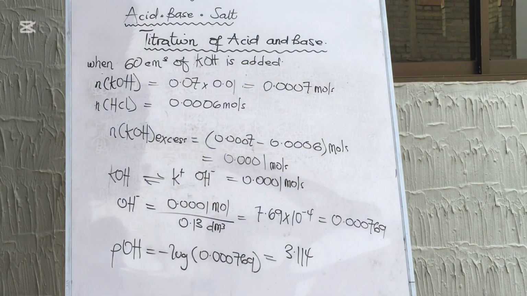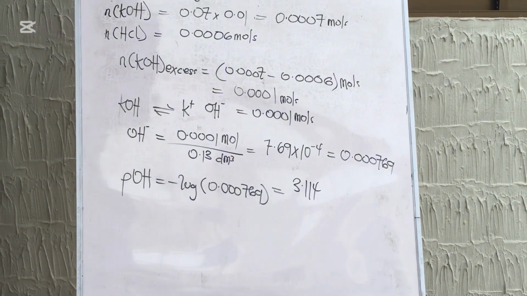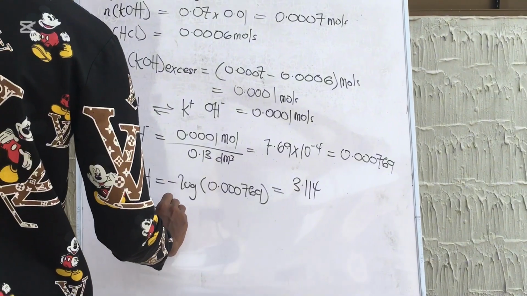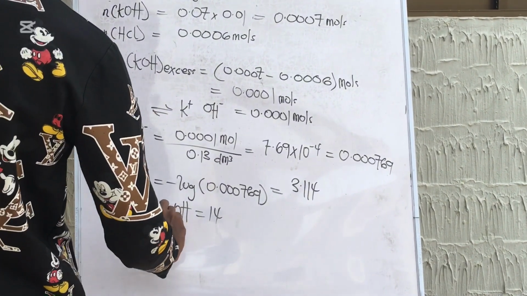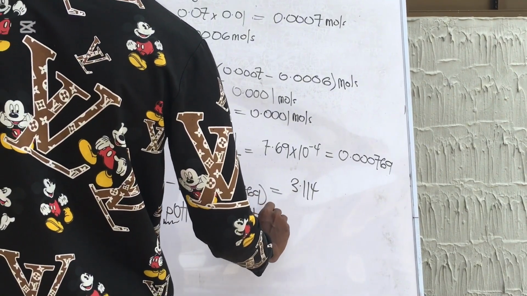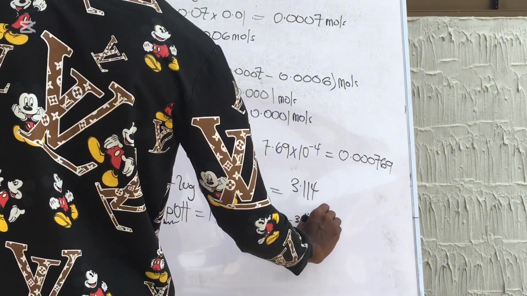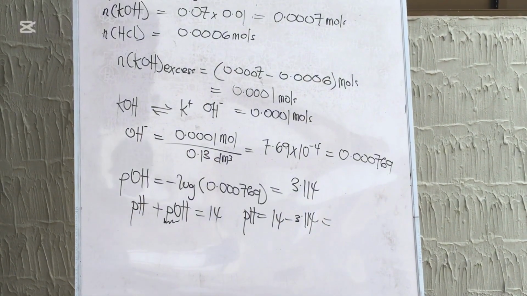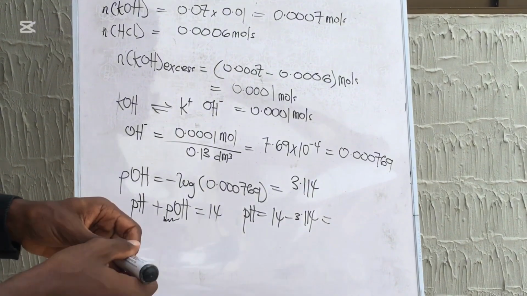There's a relation between pH and pOH, which is given as pH plus pOH is equal to 14. Because we know our pOH, then our pH will be equal to 14 minus 3.114. And we expect it to be in the basic region. So we are having our pH to be equal to 10.886.